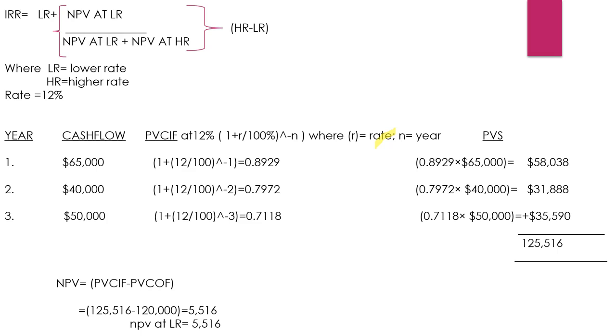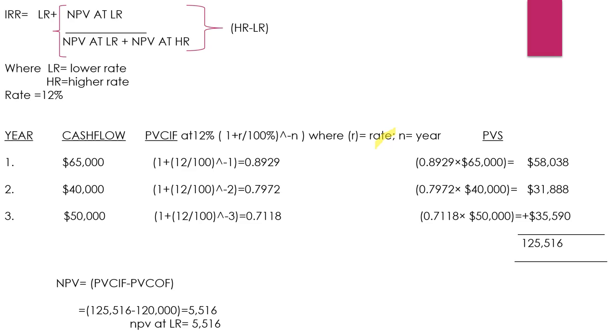So the value you get is 0.8929. So the present value of cash flow will be 0.8929 times the cash flow of $65,000. So the present value of cash flow is $58,038.